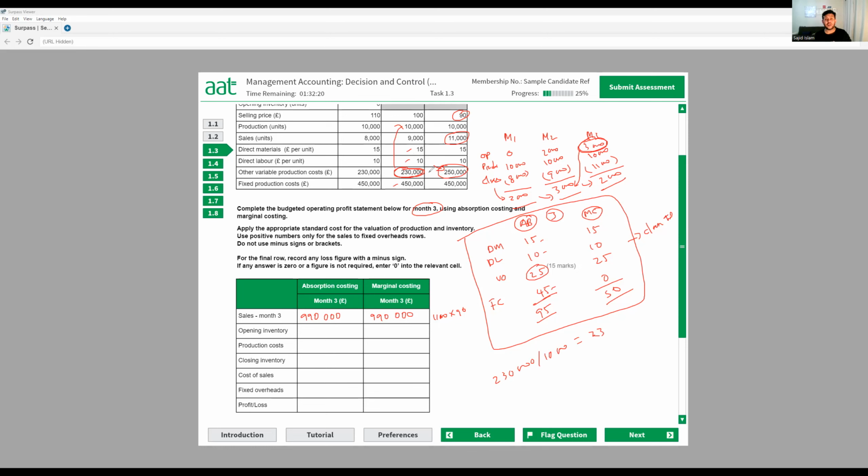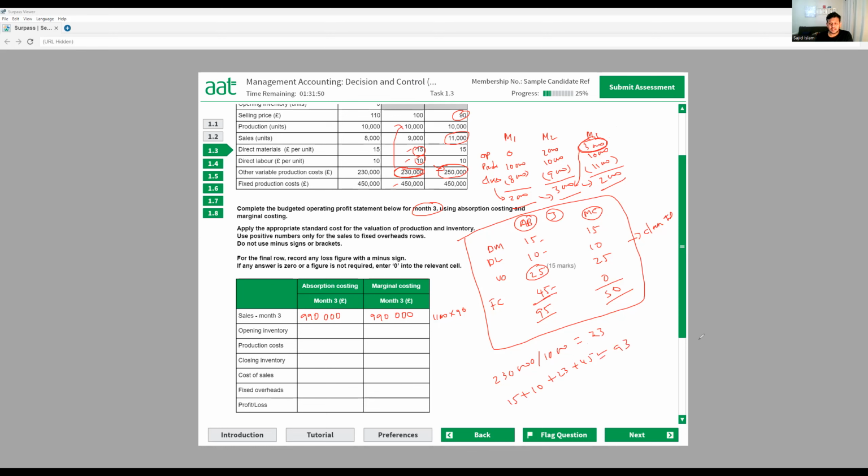In month number 3 it is 25. The reason I'm following month number 2 is that whatever was the month number 2 closing is the opening for month number 3, so the opening inventory valuation will be different. So this 3,000, I'm going to multiply by 10 for the absorption costing. So we have 15 plus 10 plus 23 plus 45, and that gives me 93.